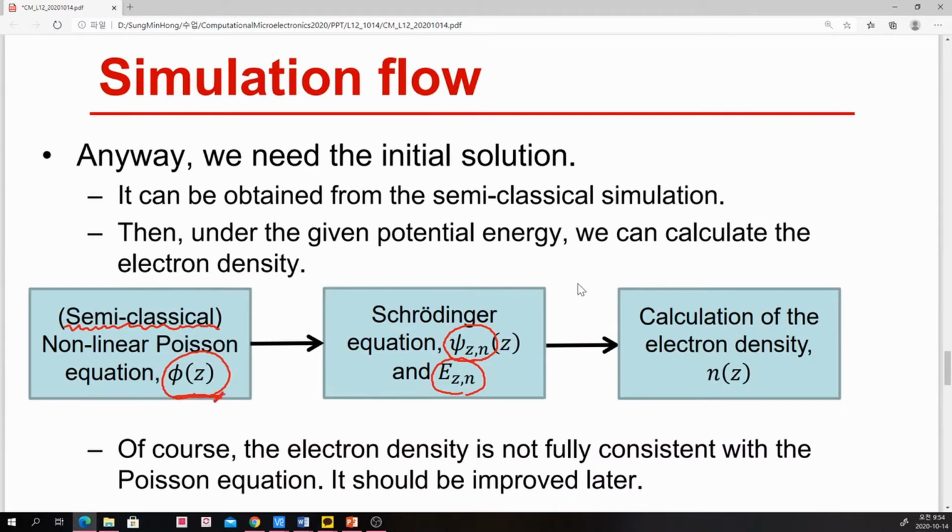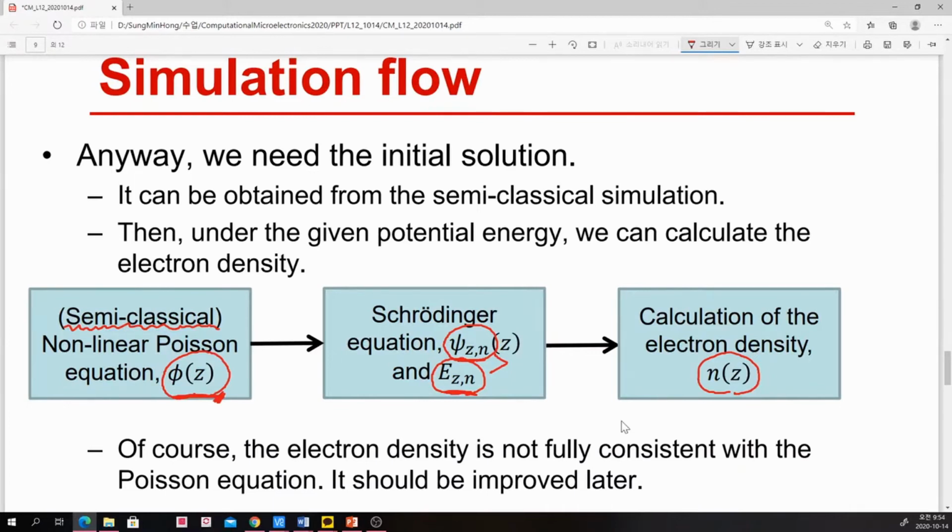So we will use this electrostatic potential, and by fixing the electrostatic potential as a given profile, we can solve the Schrödinger equation and get the solution. And from these two pieces of information, you can calculate the electron density. How did you calculate the electron density?